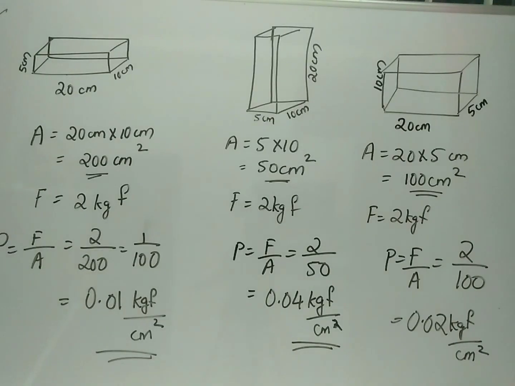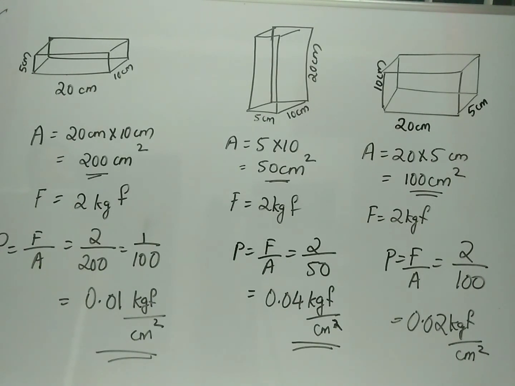Last question, question number 13. Figure shows a brick of weight 2 kgf. Weight means here force acting downwards. Force is 2 kgf and dimension 20 centimeter into 10 centimeter into 5 centimeter, placed in 3 different positions on the ground.